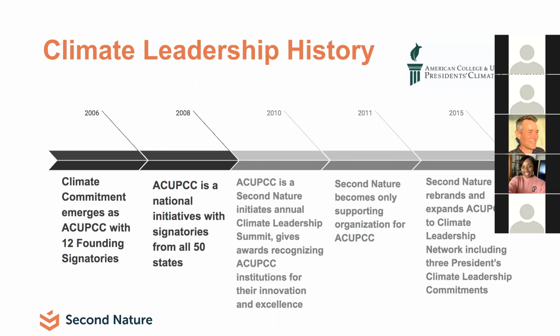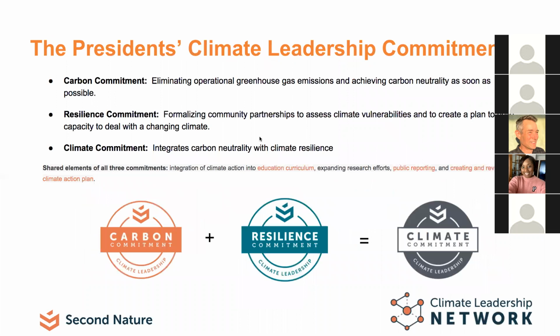And I think around 2015, that's when we did the rebrand, because we would say ACUPCC and people would say, what does it stand for? And who needs more alphabet soup in any space, but specifically the sustainability in higher ed space. It's everywhere. So the less mouthfuls, the better. We changed the name, made it simpler. But more importantly, we added two other commitments, or kind of one. I'll explain.